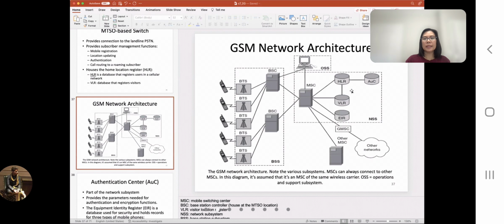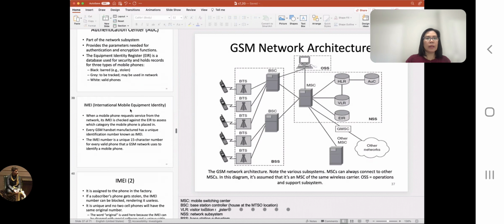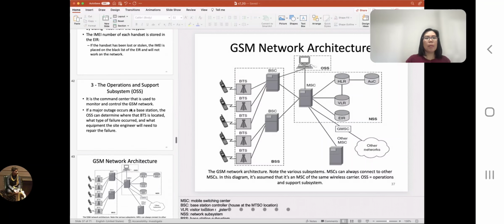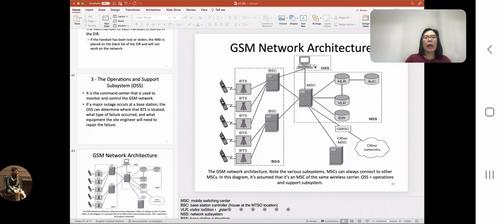The network subsystem. Now we're talking about the OSS. The OSS, the Operation and Support System, is a command center that is responsible for monitoring and controlling the whole network, all right? So that's why we consider it the brain of the network.